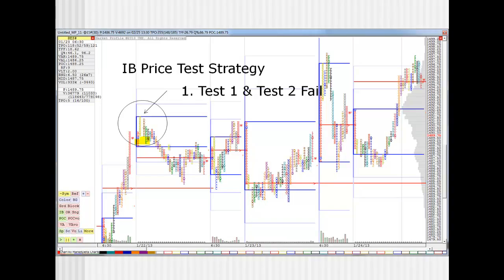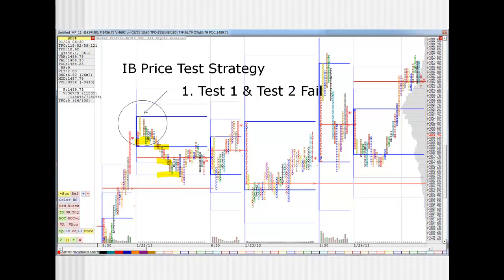At minimum, you are looking at the initial balance low as your first target, and certainly our second target would be our initial balance 150%, and the following target after that would be at 200%.